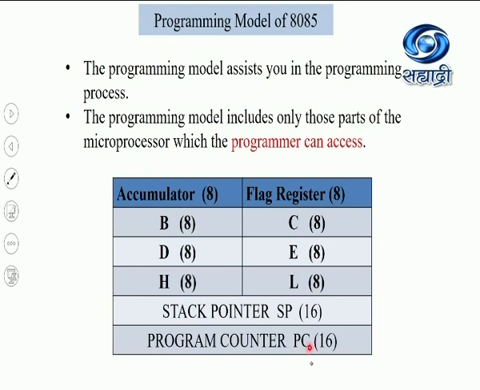Program counter PC is a 16-bit register. Okay, so this diagram is important, and frequently a question is asked on this programming model of 8085. So the programming model of 8085 includes accumulator, flag register, registers B, C, D, E, H, L, stack pointer and program counter. Only these parts are accessible to the programmer.